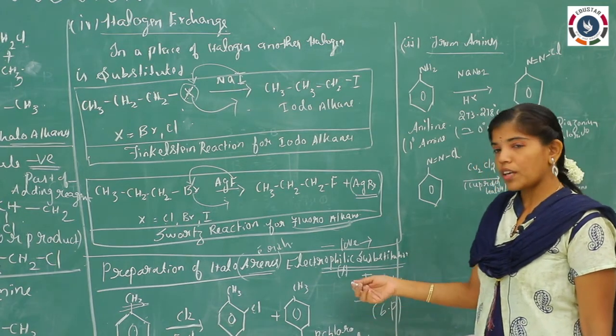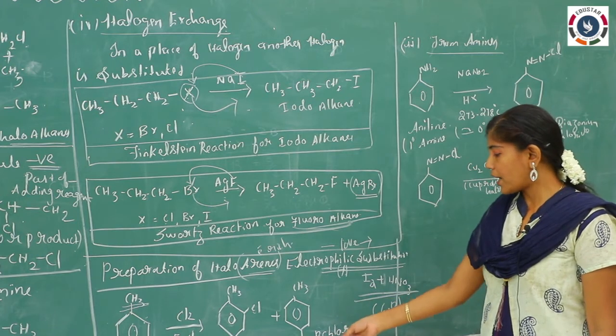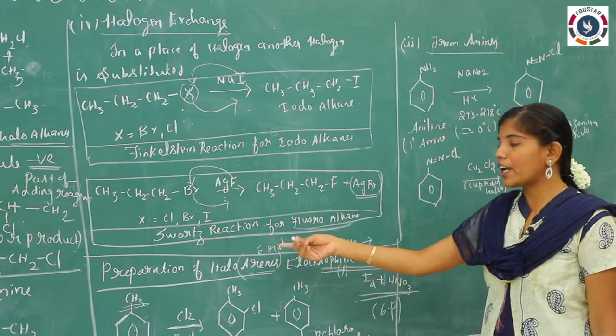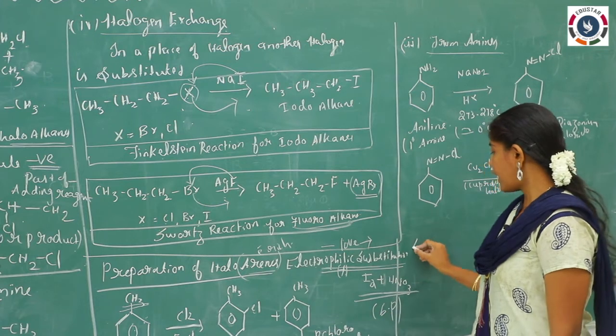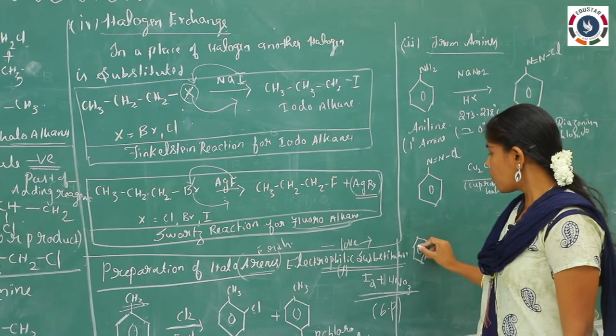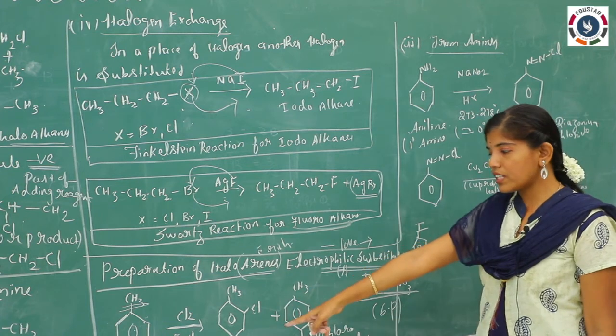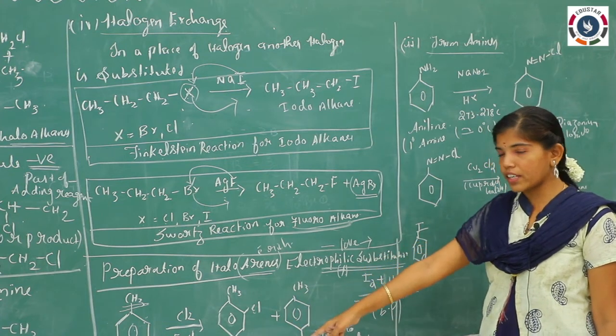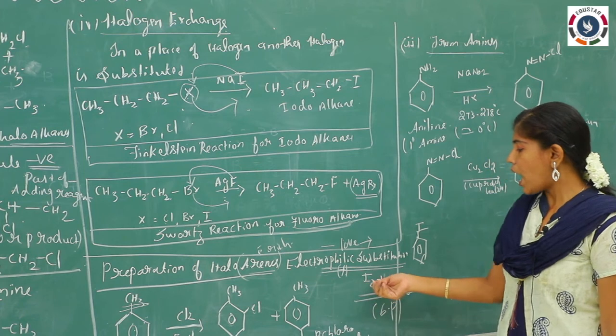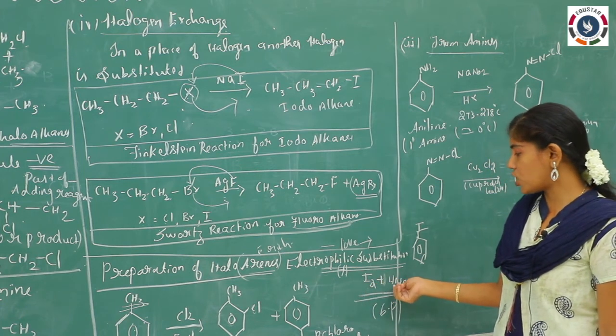Remember, for preparing iodo substituents, for having iodoarenes like this, we can't use FeCl3 or FeI3. Instead, we have to use iodine along with HNO3.